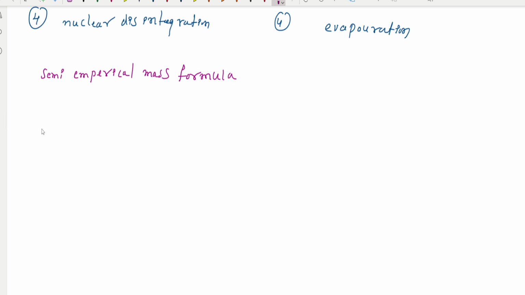So we know binding energy B equal to Z M_P plus neutrons (A minus Z) M_n minus M, where M is a capital M. This capital M, the mass, is a function of A and Z, right?